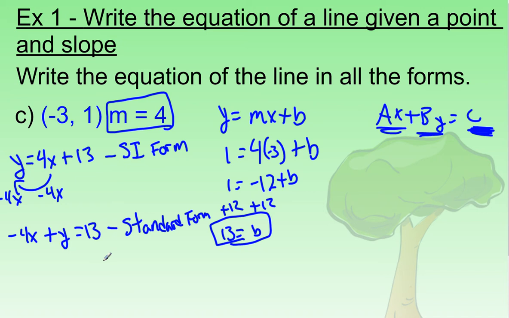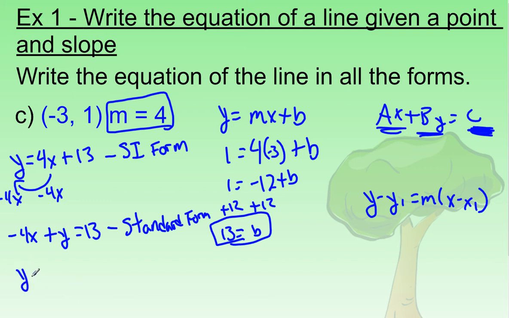And for you Keystoners that need, or 9th graders that need point-slope form, we can do that. Point-slope form looks like y minus y1 equals m times x minus x1. Oh, didn't mean that little blue line.